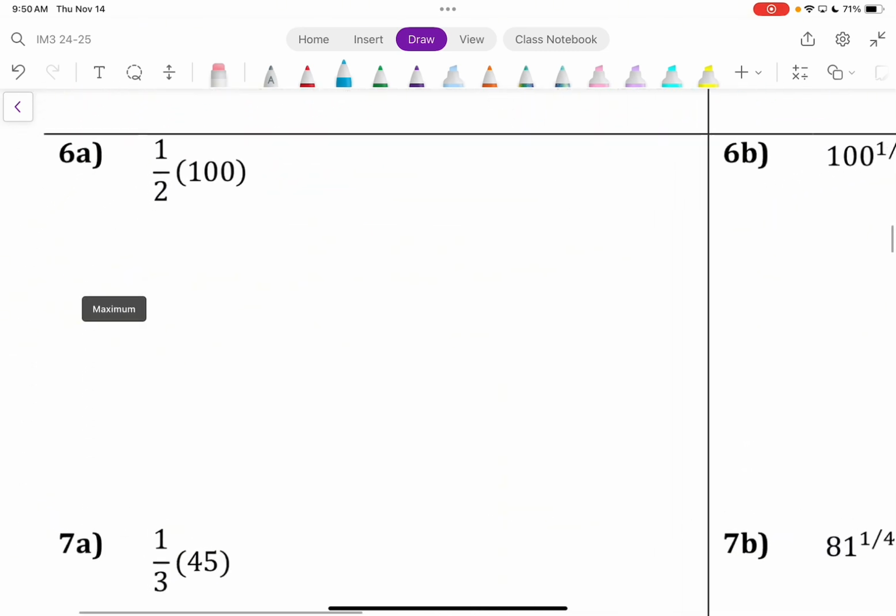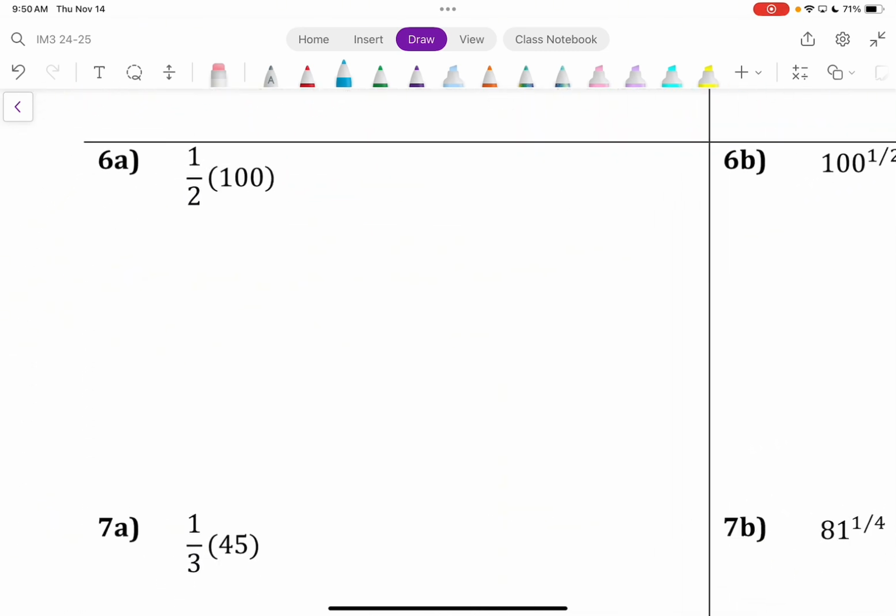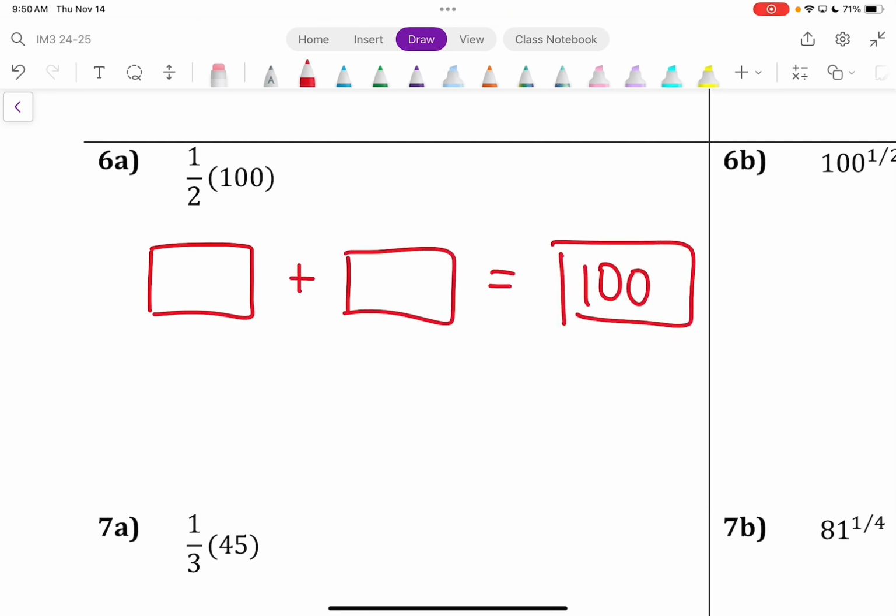Okay. So now let me show you fractions. If I want 1/2 of 100, then I'm thinking of 2 groups, 100 split evenly into 2. So I would have 2 groups. How much should each group have so that I get 100? 50.